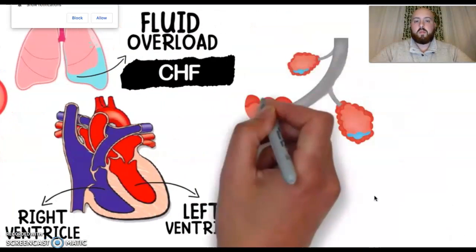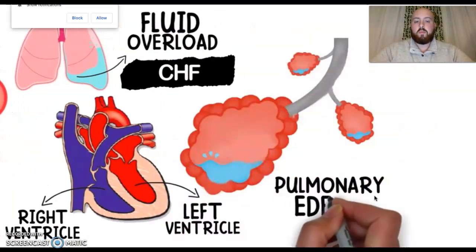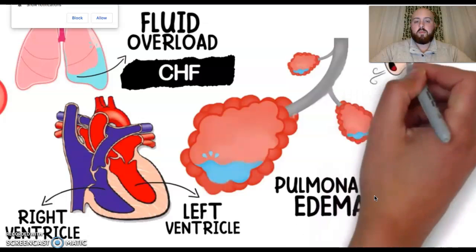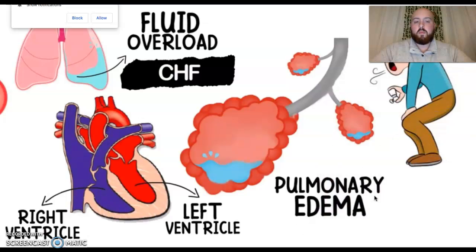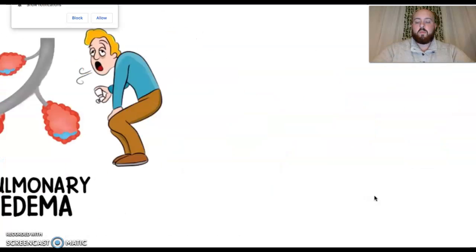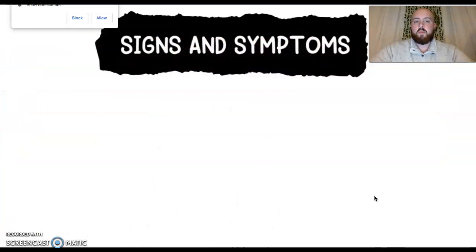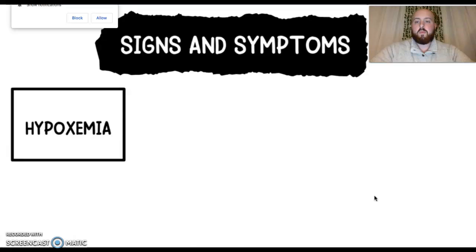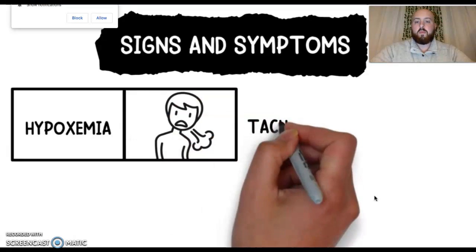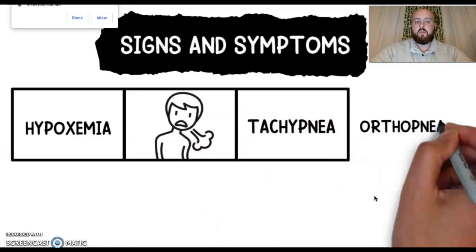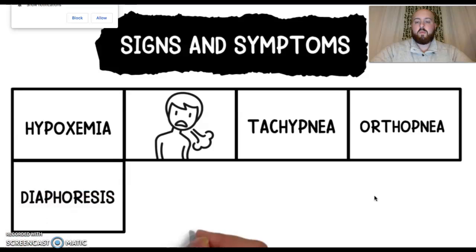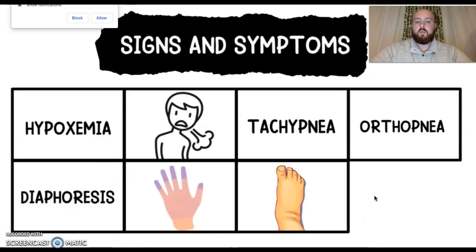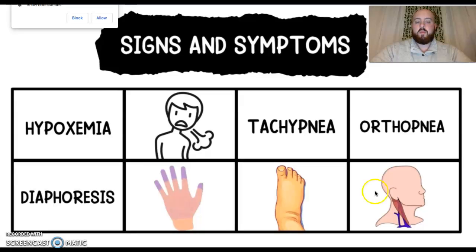When fluid begins to accumulate in the lungs, this is known as pulmonary edema, and it leads to several different breathing and respiratory issues. Other than excessive fluid buildup, some other signs and symptoms of CHF include hypoxemia, dyspnea, tachypnea, orthopnea, diaphoresis, cyanosis, peripheral edema, and jugular venous distension.